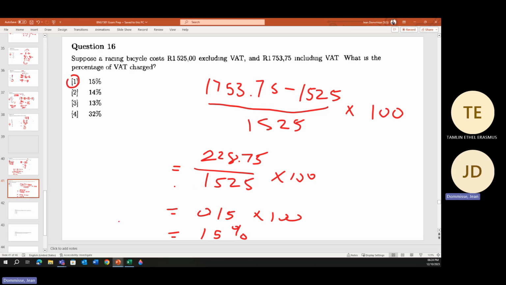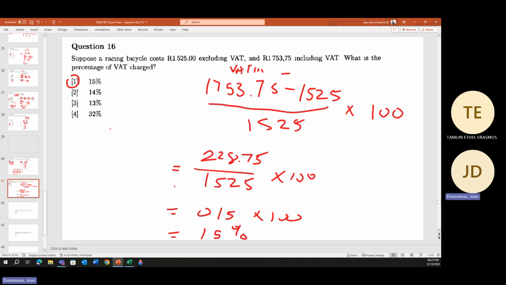So for this one, we use the number that included minus the number with excluded, divided by excluded. It's the same if you need to work out the growth on something.